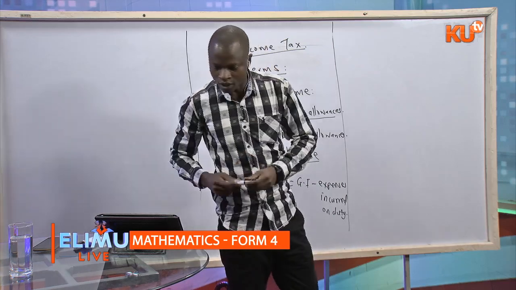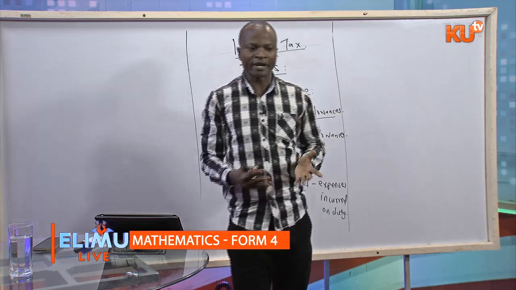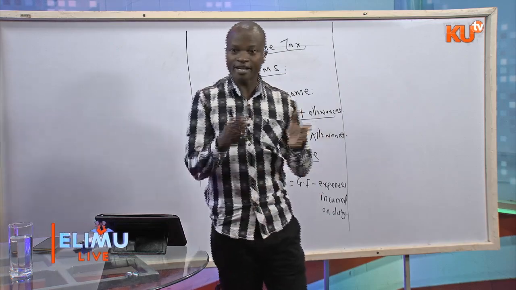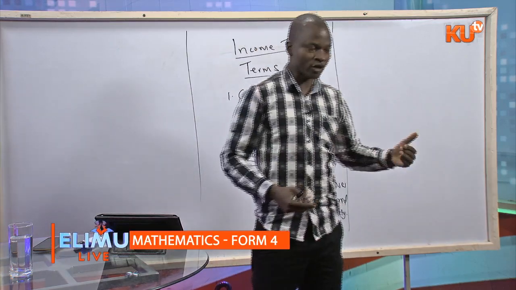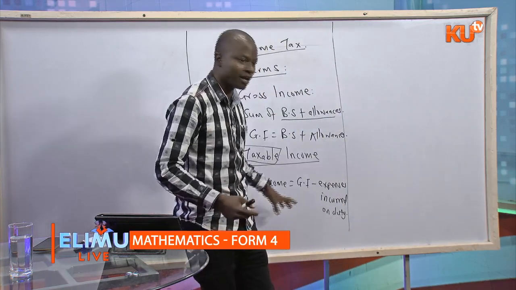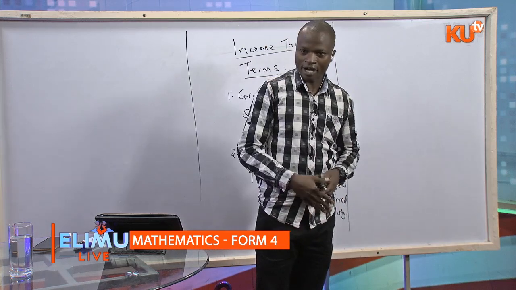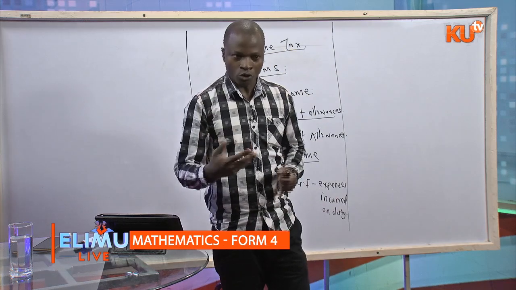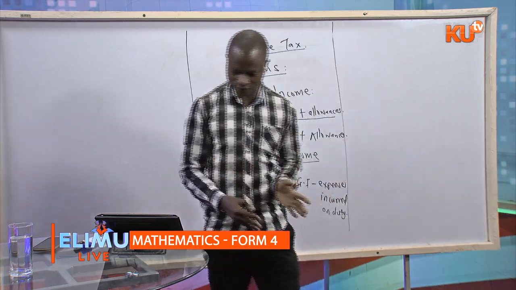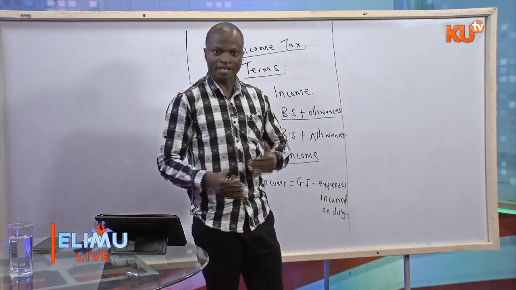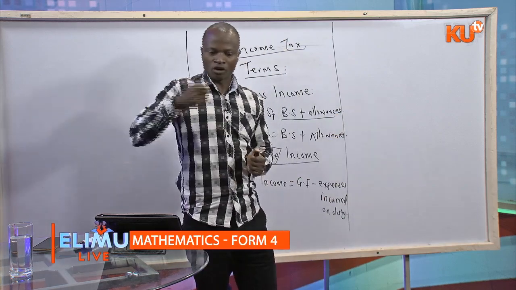Maybe I explain some of these expenses. Let's say you used your own money to do a particular thing related to your job. That's what we are calling expenses incurred during your line of duty. For example, you worked till late and you took a cab home. So you used your own money. At the end of the month, that expense is given back to you, so we cannot tax it.